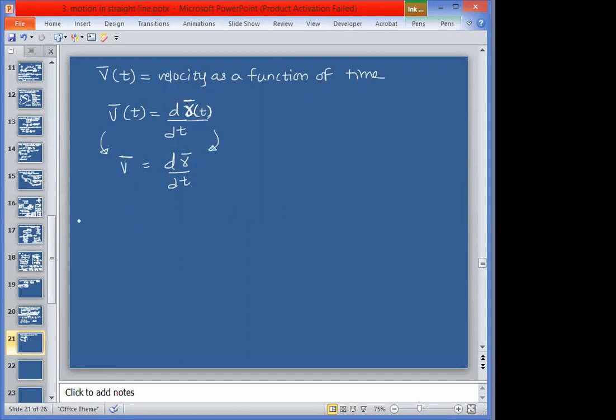Then write down instantaneous speed. We wrote instantaneous velocity; now instantaneous speed. At a given time instant, what is the speed? That can be written as: instantaneous speed is the magnitude of instantaneous velocity.